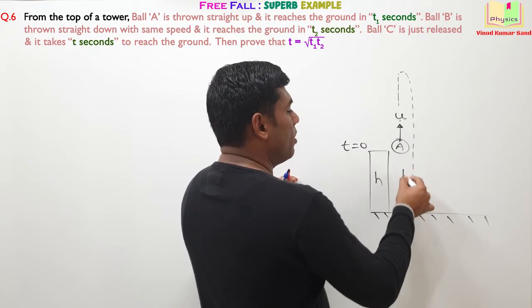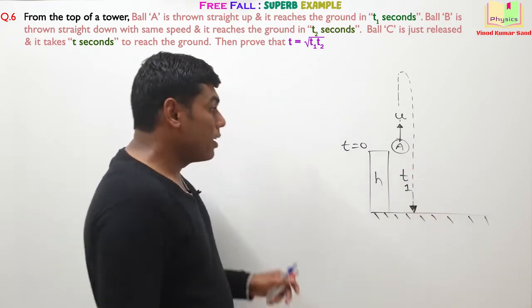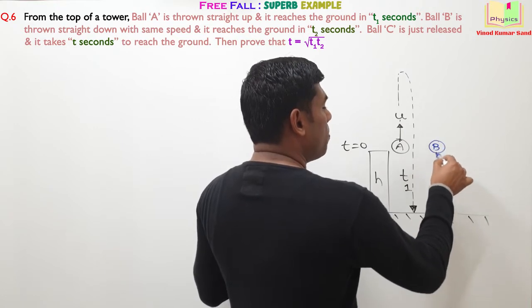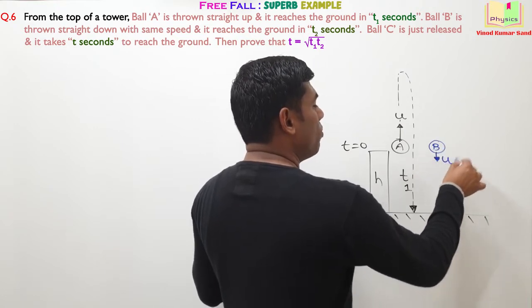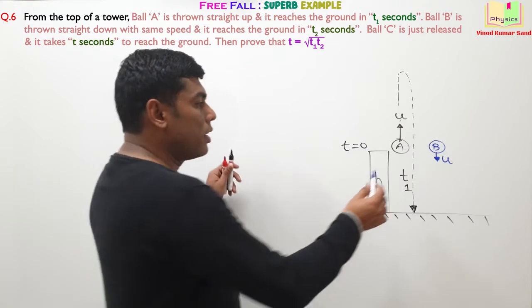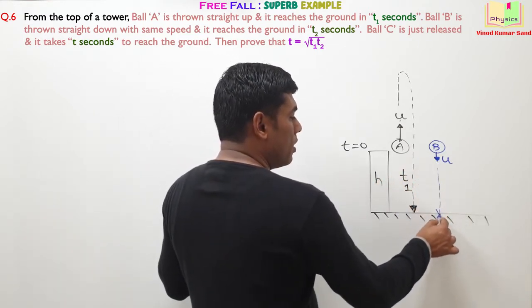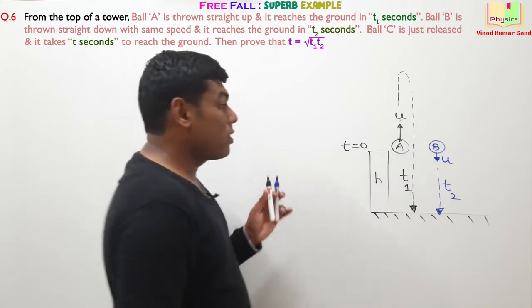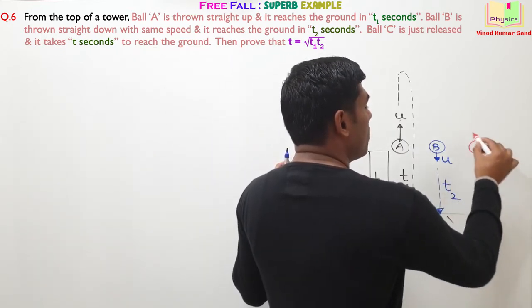It hits the ground at time t1. Simultaneously, ball B is projected straight down with the same speed u. It hits the ground at time t2, and the third ball C is just released.